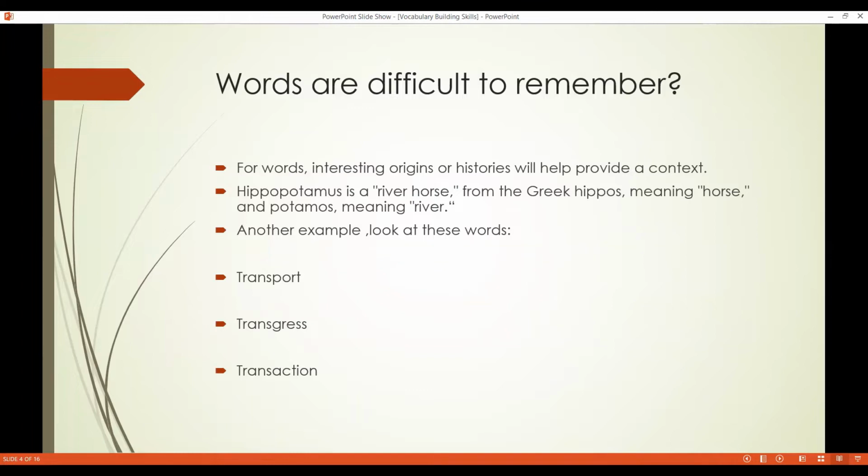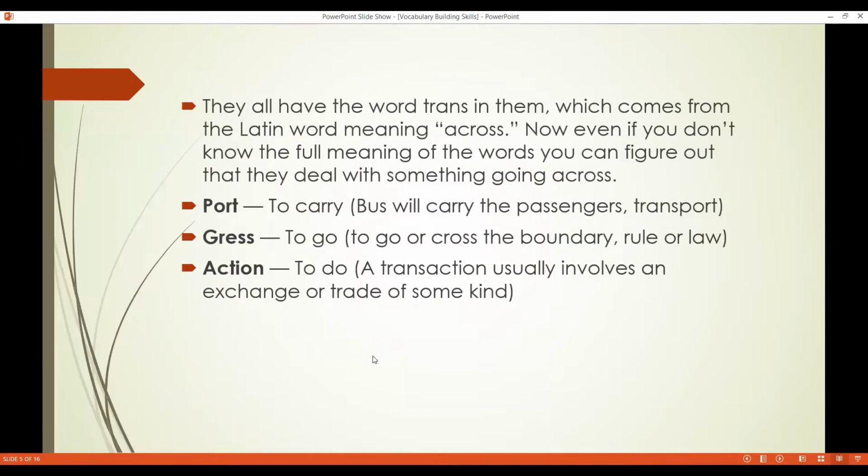Why are words difficult to remember? Words have interesting origins. If we look at the word hippopotamus, it is a river horse, from the Greek hippos, meaning horse, and potamus, meaning river. If we take another example and look at the words transport, transgress, and transaction, we see that they all have the word trans in them.